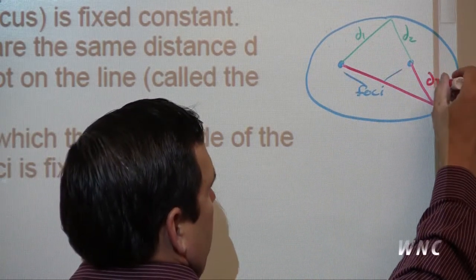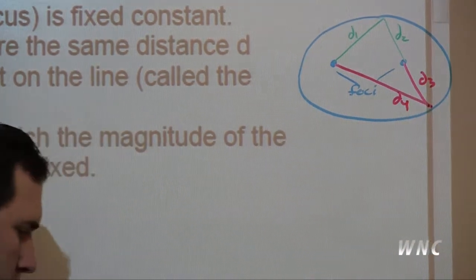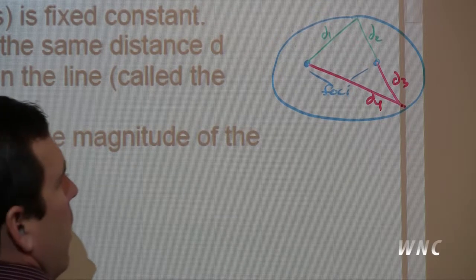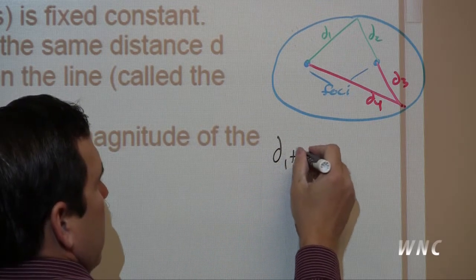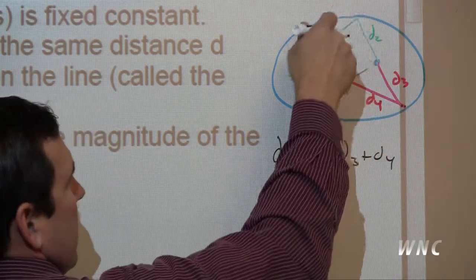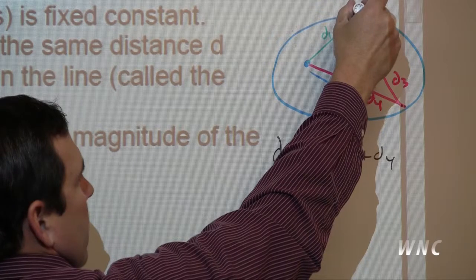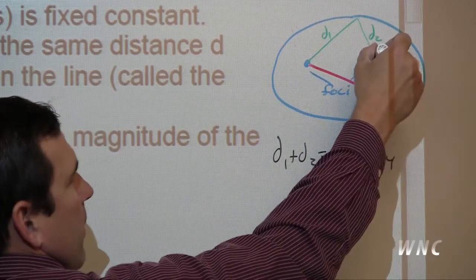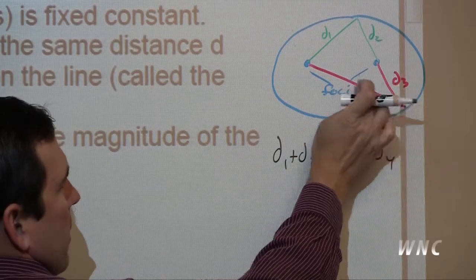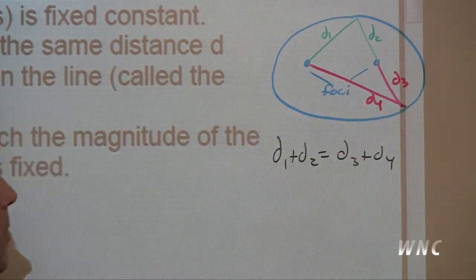Call this d3 and d4. So what we're saying is that d1 plus d2 is equal to d3 plus d4. The sum of the distances from any point on the ellipse to the foci is going to be a constant.